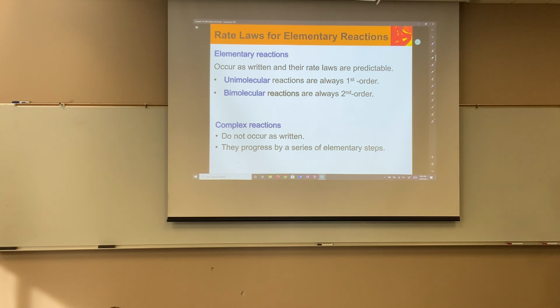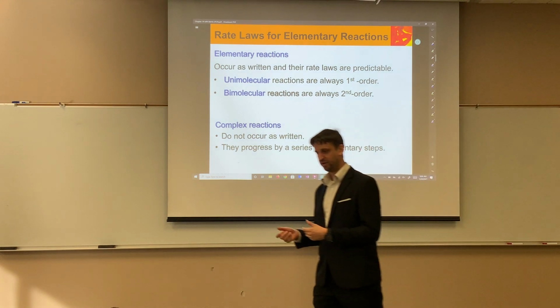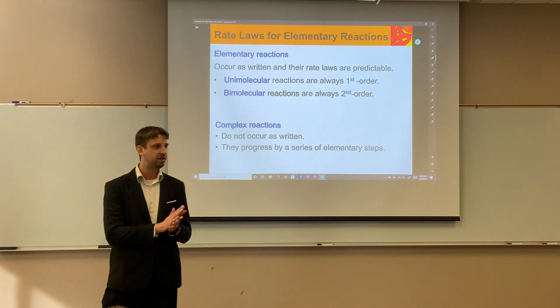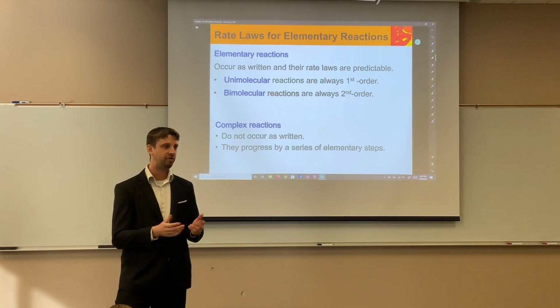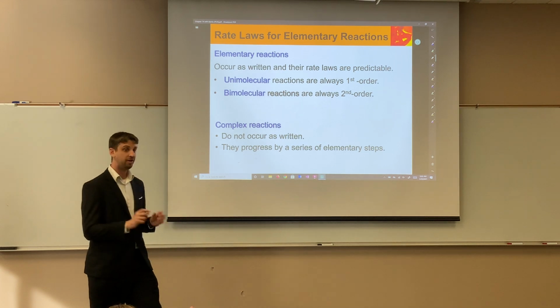A unimolecular reaction is always first order. A bimolecular reaction is always second order. That's the information that we're gonna need to even solve the upcoming problems: the idea of unimolecular versus bimolecular and their order that comes with it.